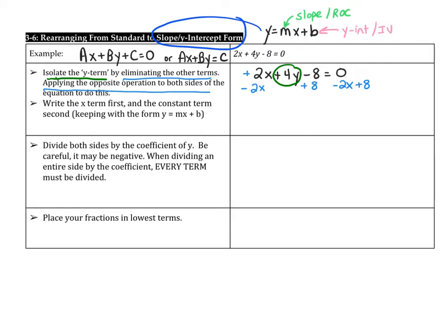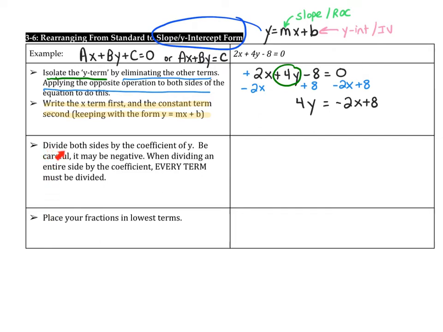So that means you will have only the 4y left on the left side, and on the right side you'll have negative 2x plus 8. One thing you want to make sure of is that you write the x term first and the constant term second, because we want to keep it in that y equals mx plus b form, so the x term has to come first and then the constant.